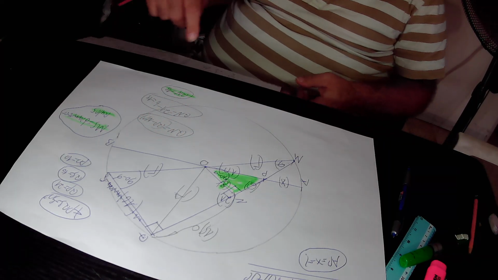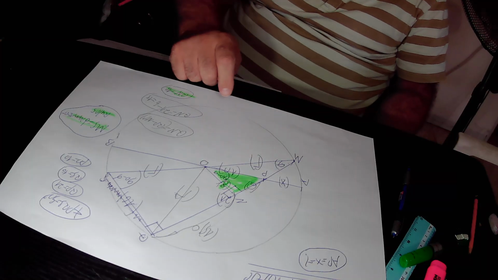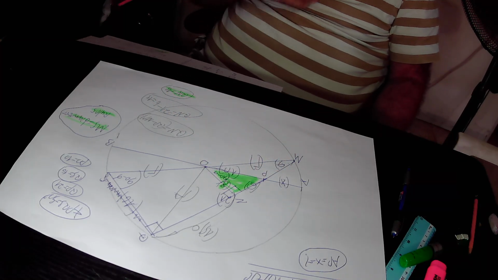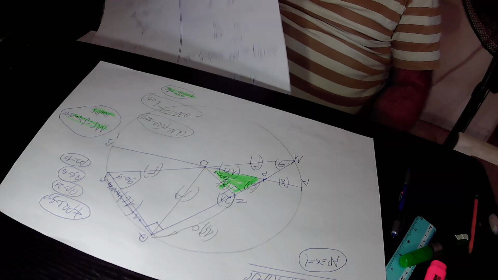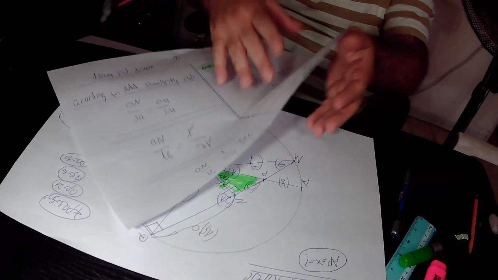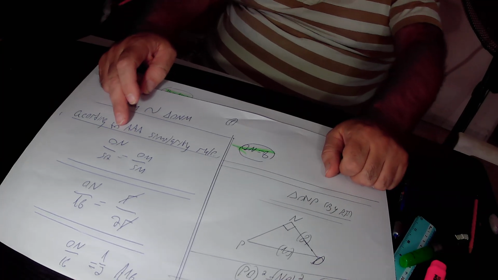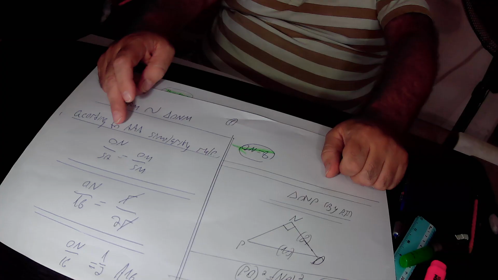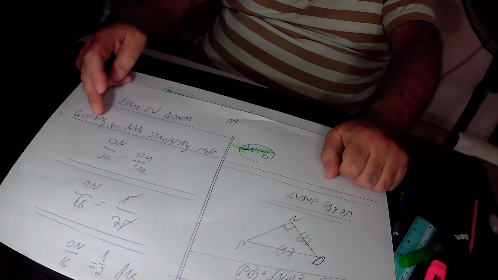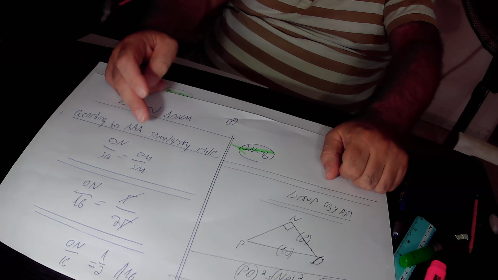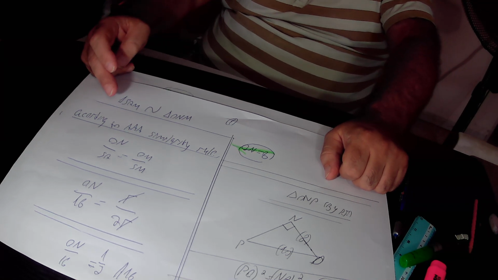Because again, from the fact that the big right triangle SQM is similar to the small right triangle ONM, we derive that side ON over side SQ is equal to side OM over side SM.